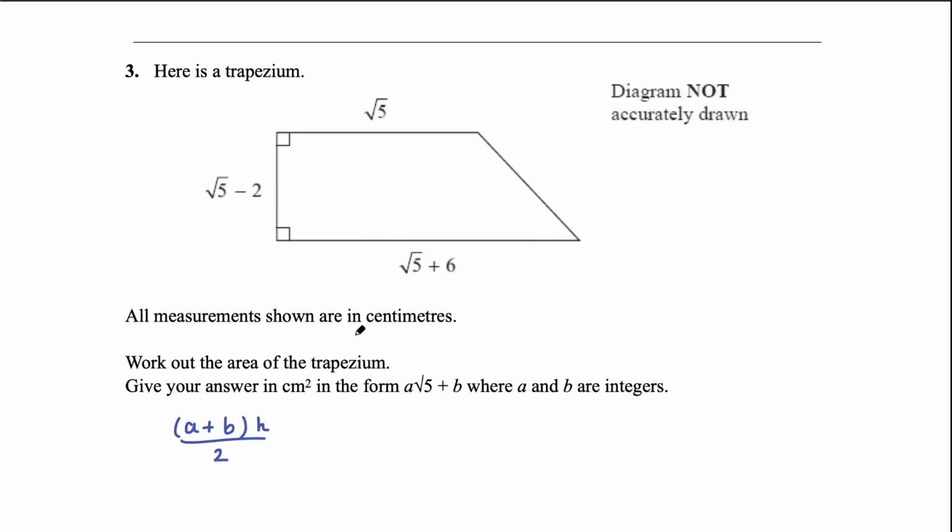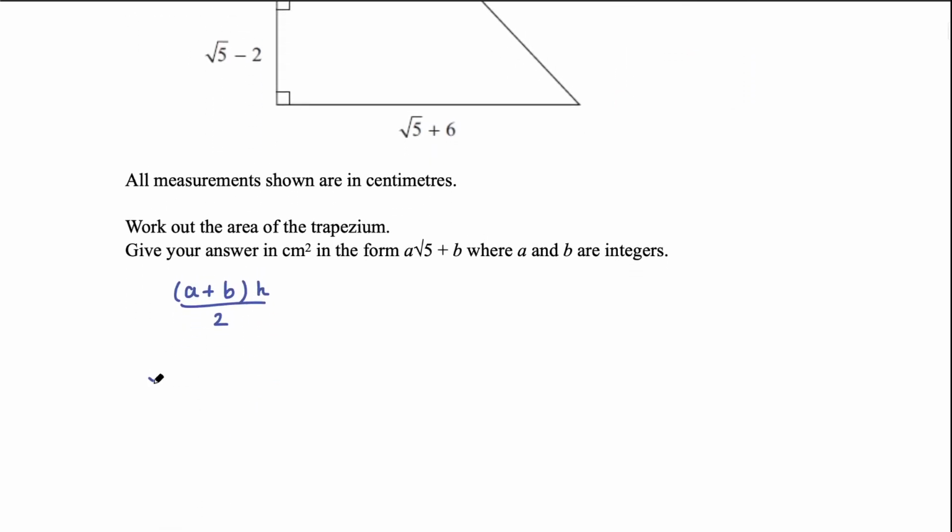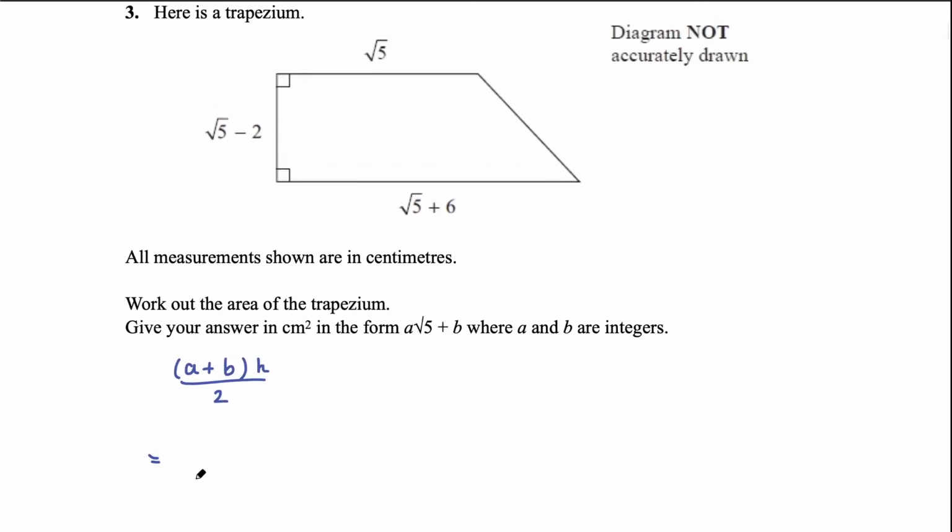So firstly, insert all of those values into the formula. The height here is the perpendicular height, which they've given us. So this is going to be root 5 plus root 5 plus 6, and all of that is multiplied by the height, which is square root 5 take 2, and all of that is divided by 2.